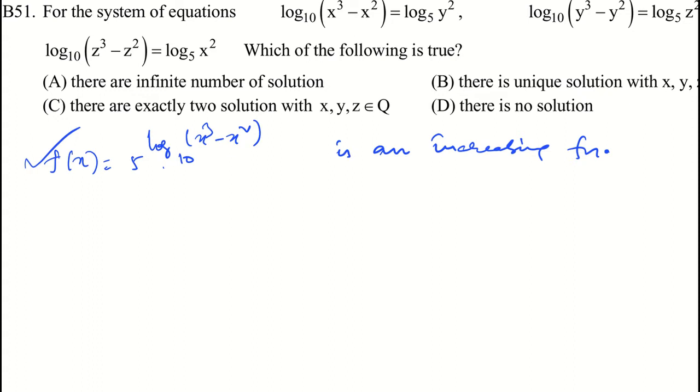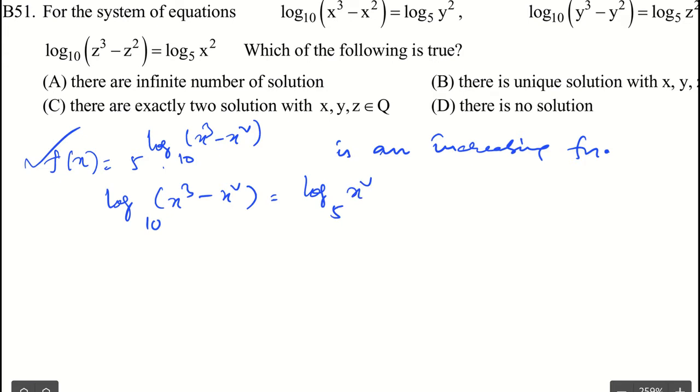So observe that now the whole system of equations simply becomes log of x cube minus x square to the base 10 is equal to log x square to the base 5, because we got x equal to y equal to z. That is what I get from all the three equations. Now to solve this equation, I'm going to call log x to the base 5 as t.